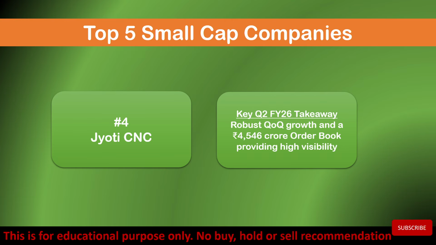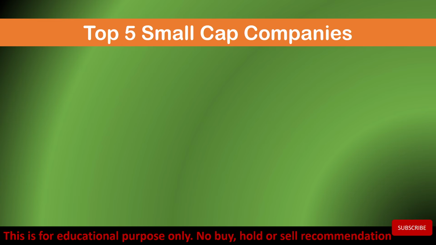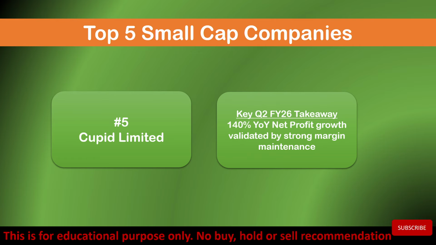Okay, and the last of all the companies, the fifth company in the small cap segment, is Cupid Limited. Cupid Limited has shared the results, and as per that, they have shown 140% year on year net profit growth, which is validated by strong margin maintenance. So another company with very good results.